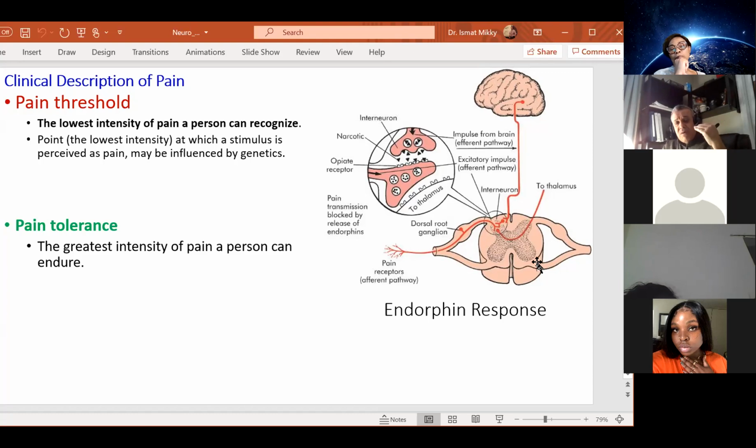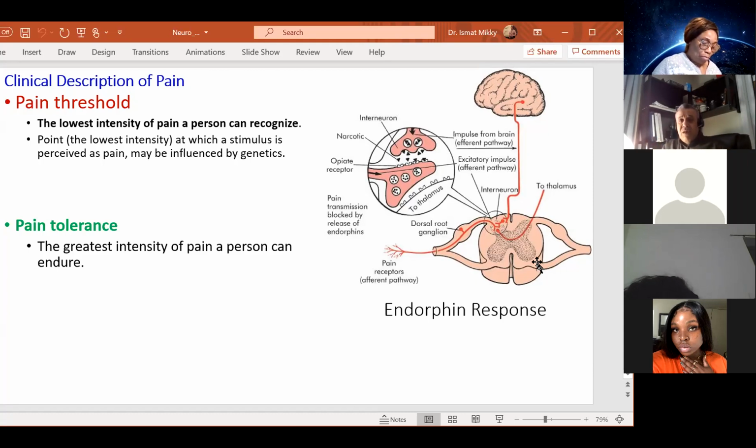So pain tolerance is the greatest intensity of pain a person can endure. And that's also influenced by cultural perceptions and expectations, like cultural influences on male and female.